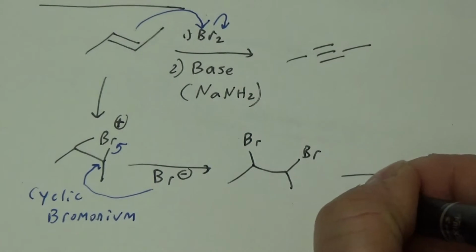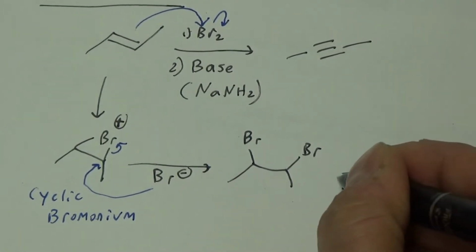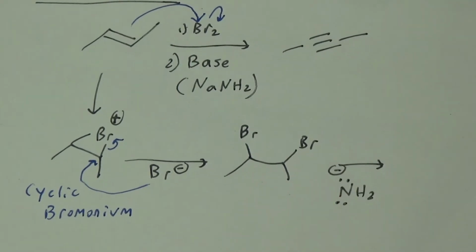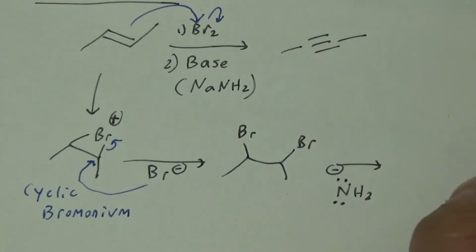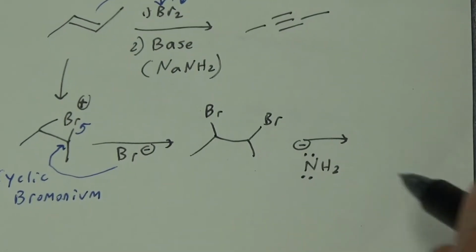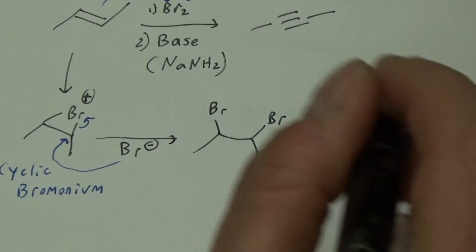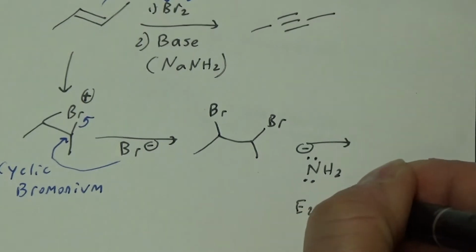I'll just say NH2 minus. Sometimes I also abbreviate the base as just B with a pair of dots, like a base with a lone pair that can attack protons and stuff. Anyway, this is just going to do an E2 reaction.